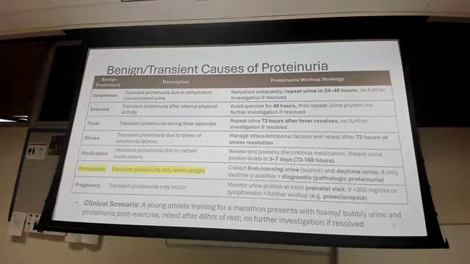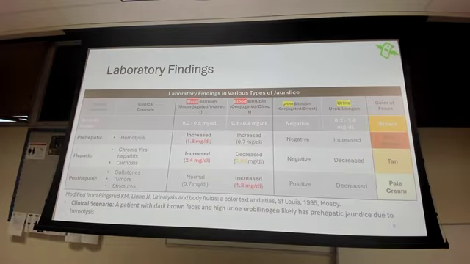All right, so benign transient causes of protein in urine. What's that highlighted one? Okay. Laboratory findings. Remember I said just memorize this slide. You will be tested on hepatic. So really, hepatic is like really, really highlight that. But just know this whole slide, okay?